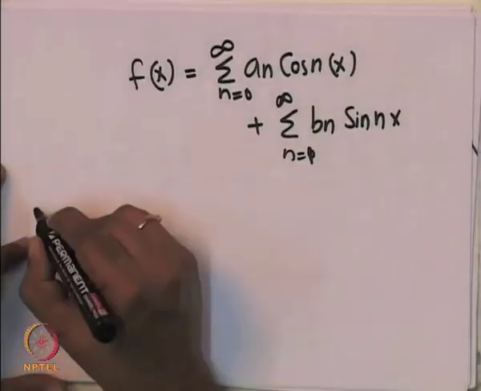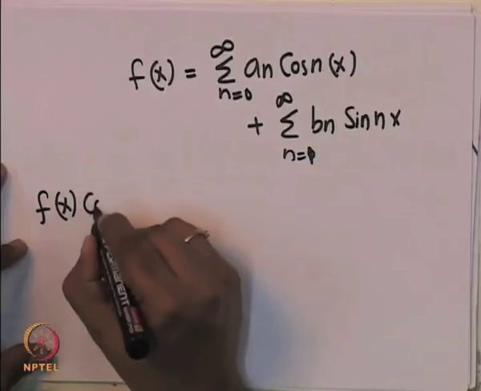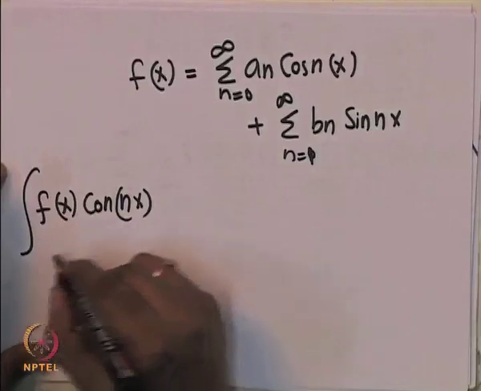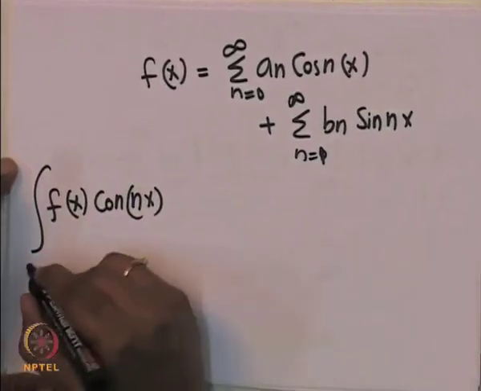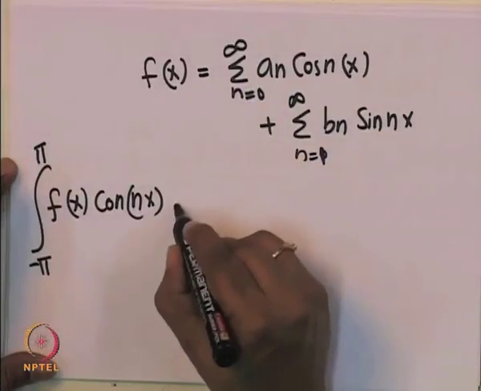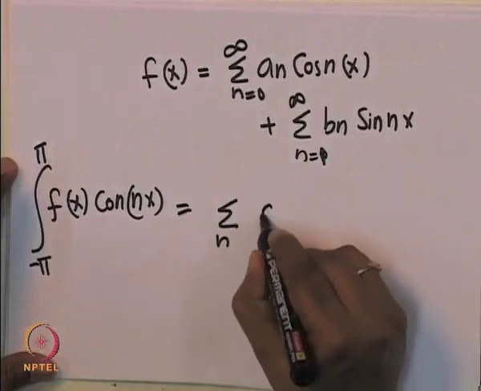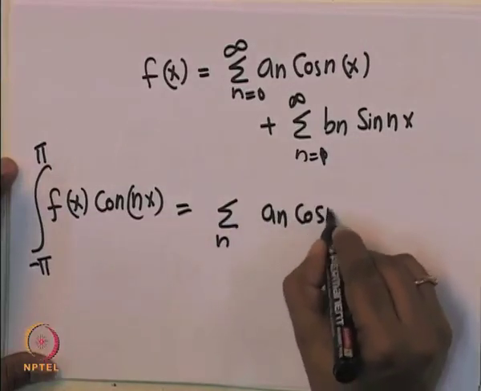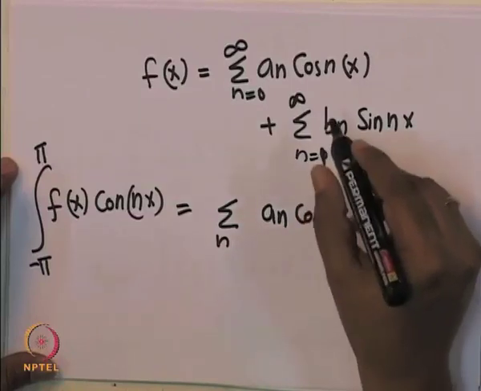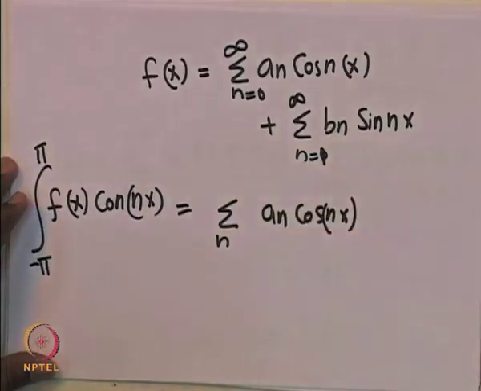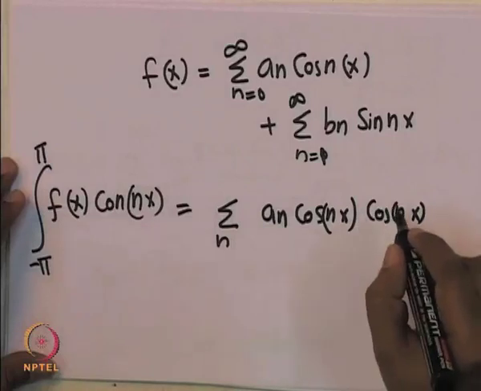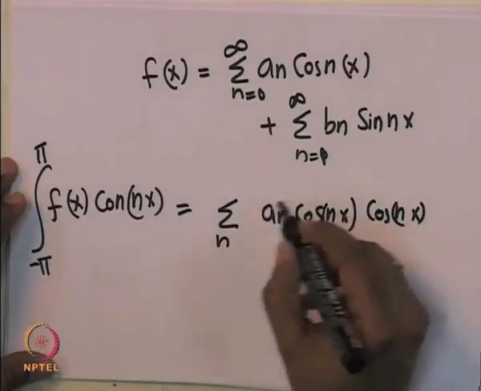Now, let us multiply f of x with cos n x and integrate from minus pi to plus pi. What you get here is the sum over n of a n cos n x, multiplied with cos n x here, and you integrate.